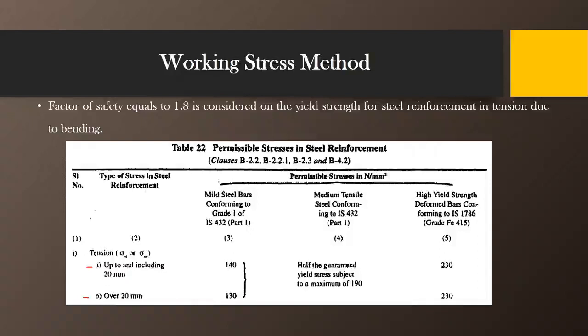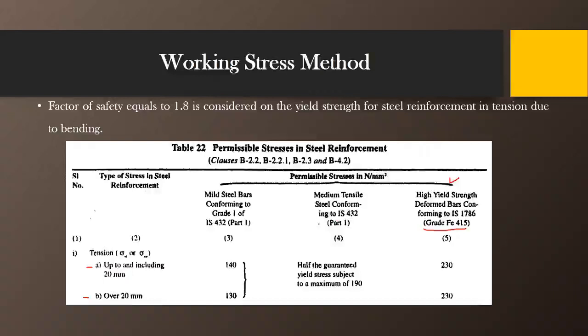The second column gives us the mild steel bars conforming to grade 1, that is for Fe250 grade of steel. These values are given. In the last column, the values for Fe415 are specifically given, which are called high yield strength deformed bars or HYSD bars. And the second column here gives the medium tensile steel conforming to IS 432.